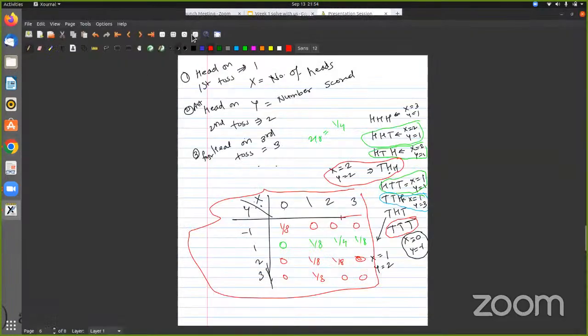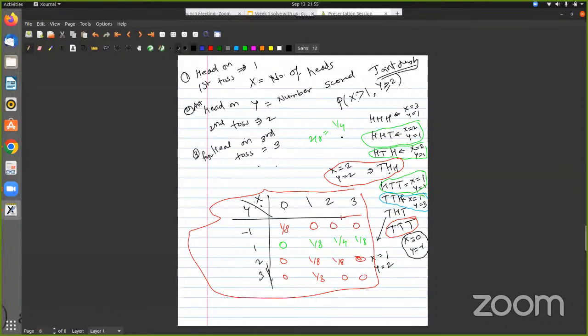So I have to find the probability that x is greater than 1 and y is greater than or equal to 2, right? So this is what? This is joint density, right?